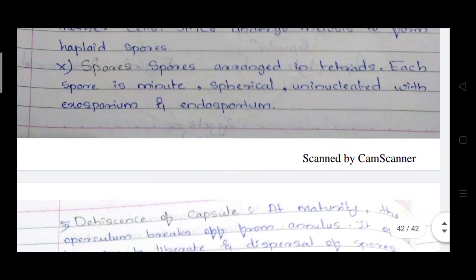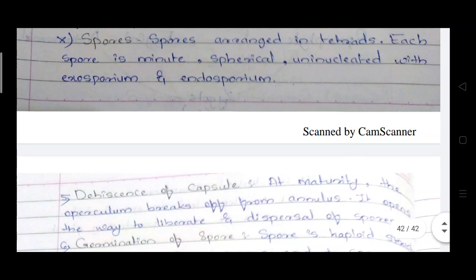The spores are very minute and spherical in shape. A single nucleus is present in each spore, and the spore wall is made up of two layers: the outer layer is the exosporium and the inner layer is the endosporium.